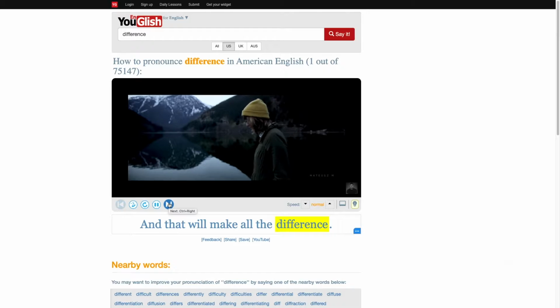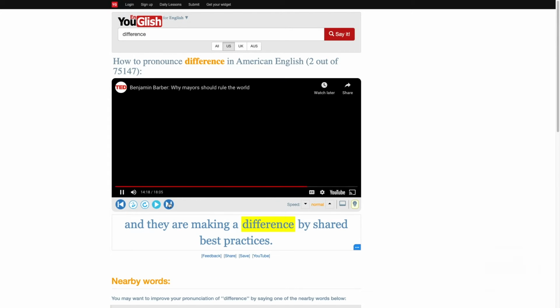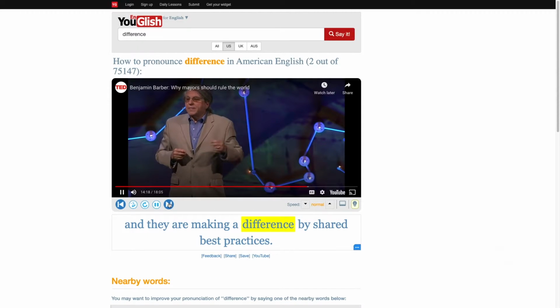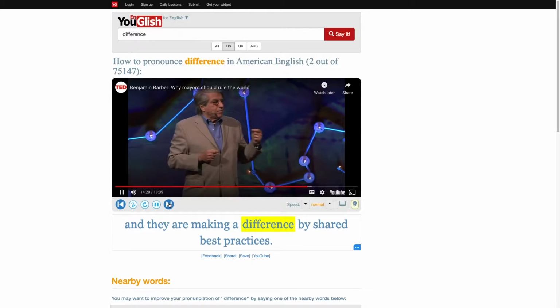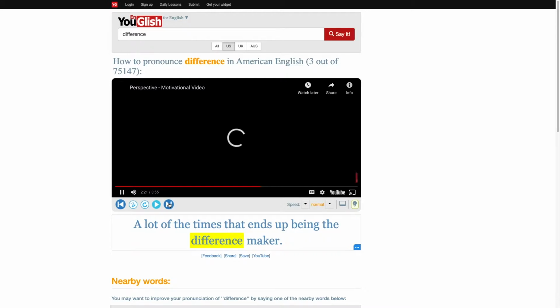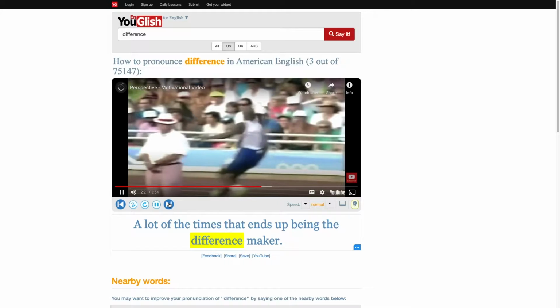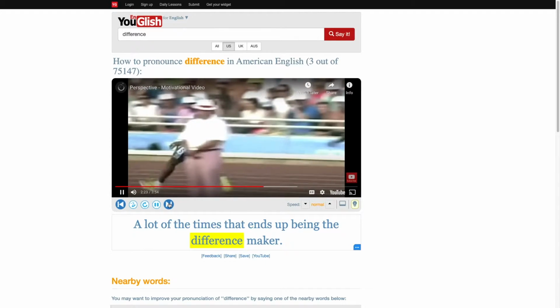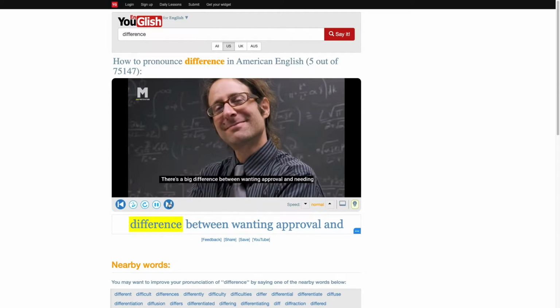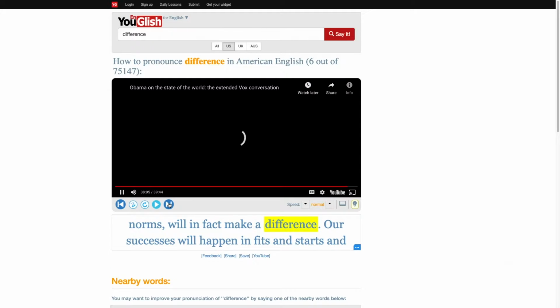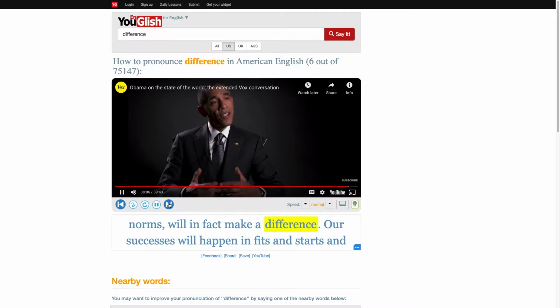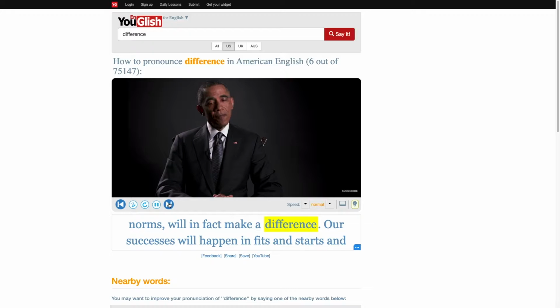And that will make all the difference. And they are making a difference by shared best practice. A lot of the times that ends up being the difference maker. There's a big difference between wanting approval and international norms will in fact make a difference.